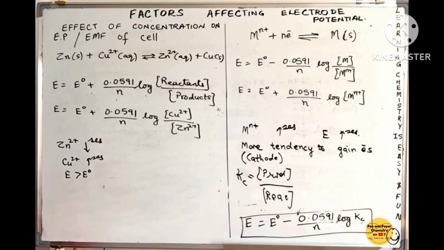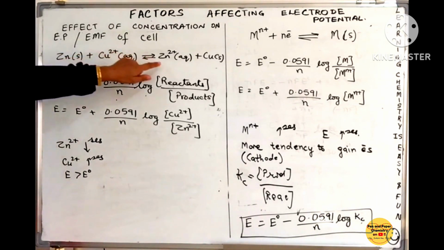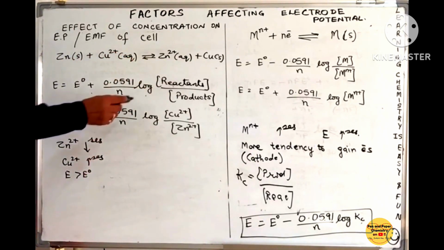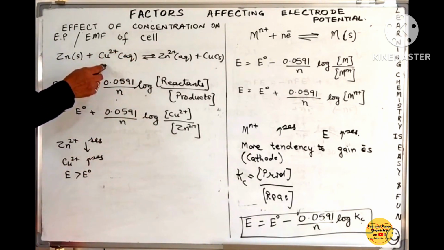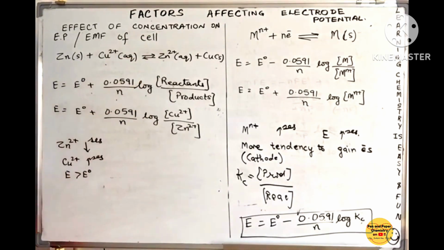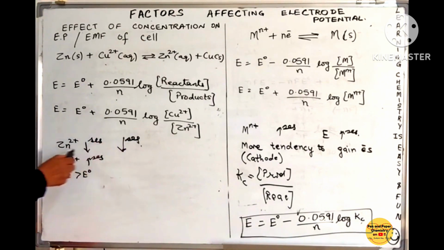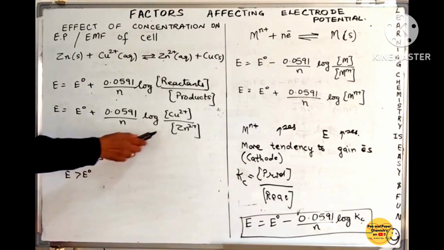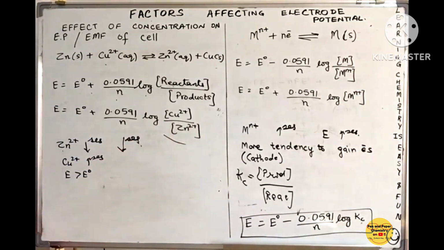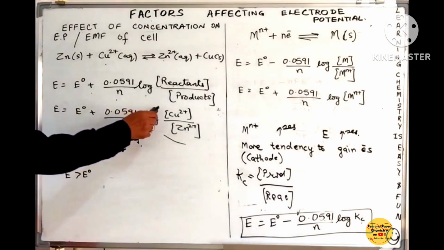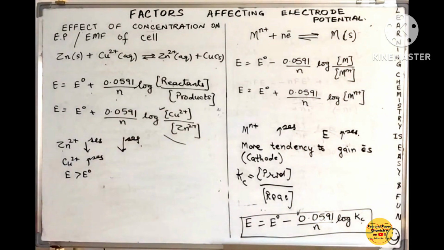Now let me relate to the example that we have been taking all this while. Zinc plus copper ions gives us zinc ions plus copper. So my reactant over here is Cu2+ and product over here is zinc ions. If the concentration of zinc ions decreases, that means the numerator is decreasing, and the concentration of copper ions increases, right?